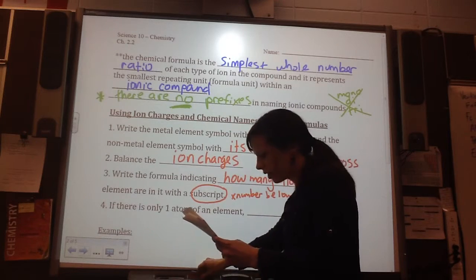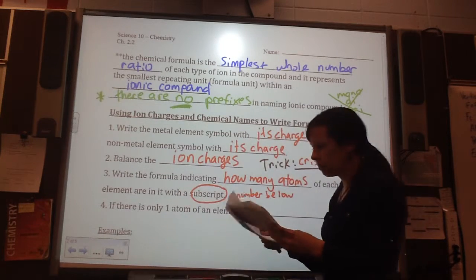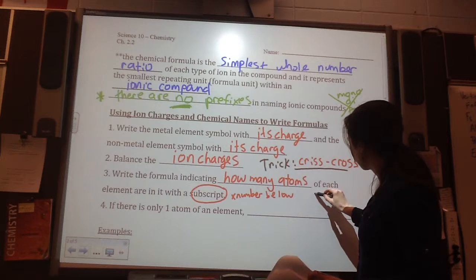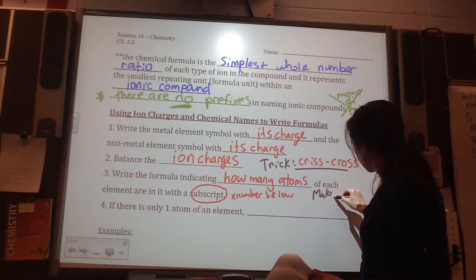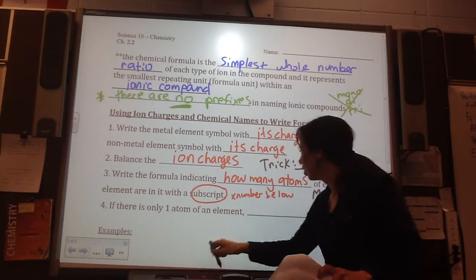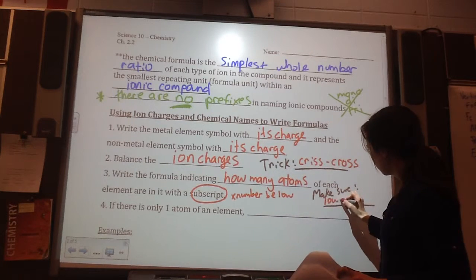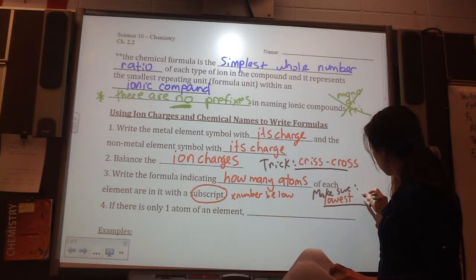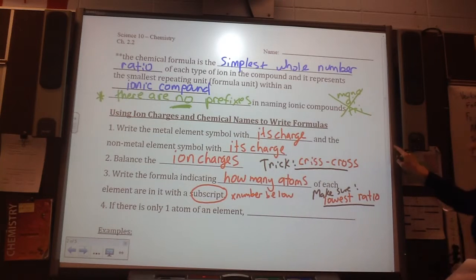And then I have in your notes there, I say make sure, and the note for make sure is lowest ratio. So the lowest whole number ratio.